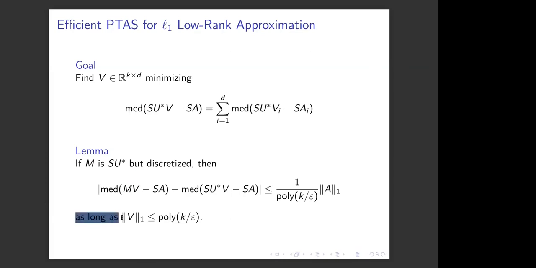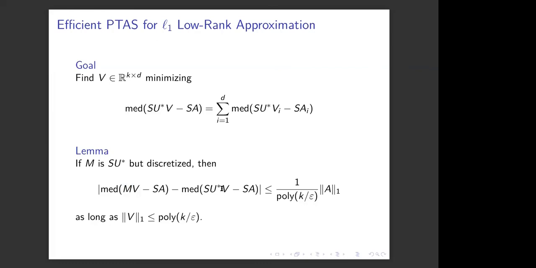And then there's one important condition, which is that the L1 norm of the right factor V has to be at most poly k over epsilon. Intuitively, think of this as being because if the L1 norm of V was too large, then that's going to blow up the rounding error between M and SU star.